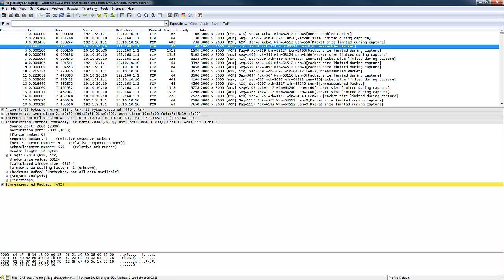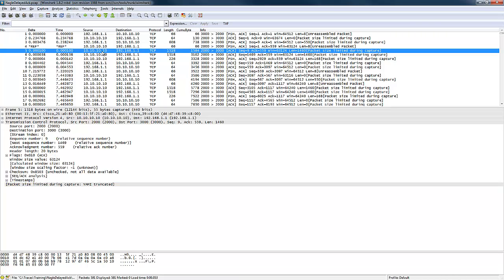Because delayed ack says acknowledge every other packet. So it's going to acknowledge this packet. And so the next expected sequence number here was 1469, meaning I've received all the bytes up to and including 1468, and I expect you to start talking to me with byte number 1469.